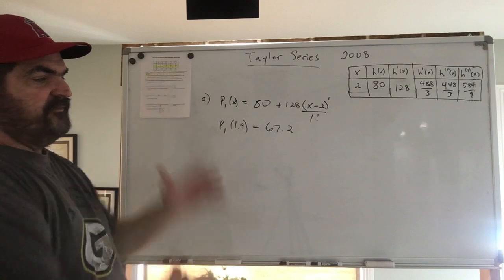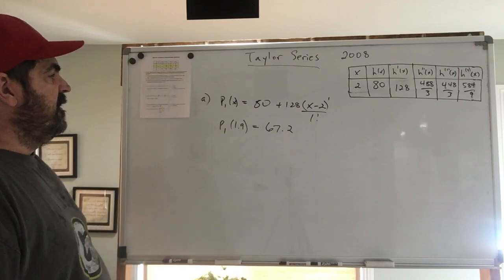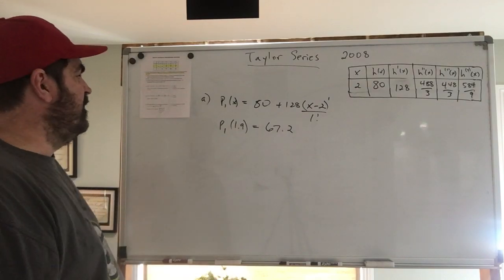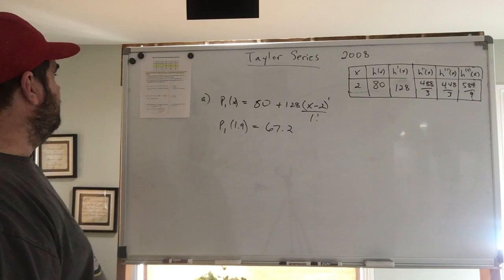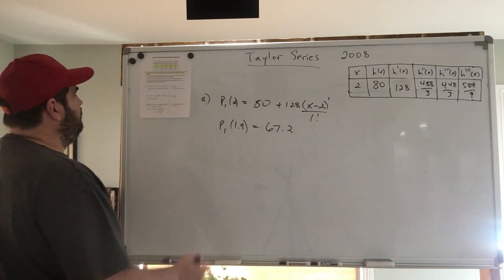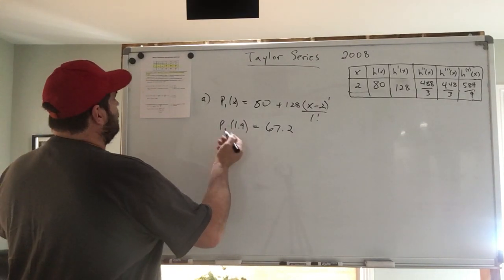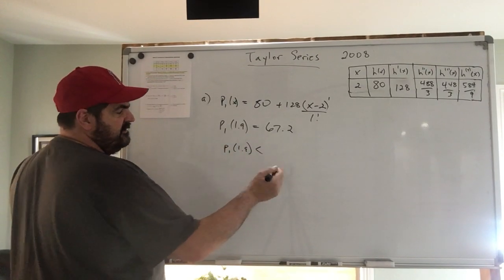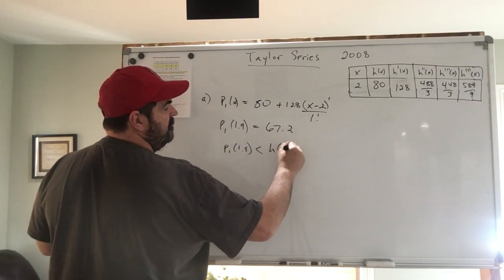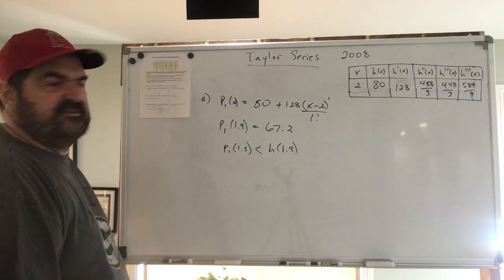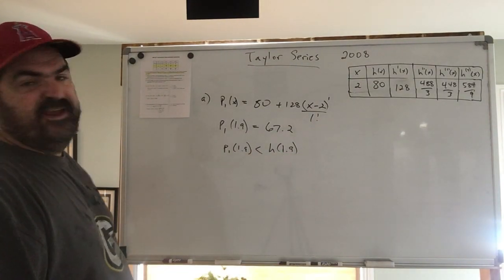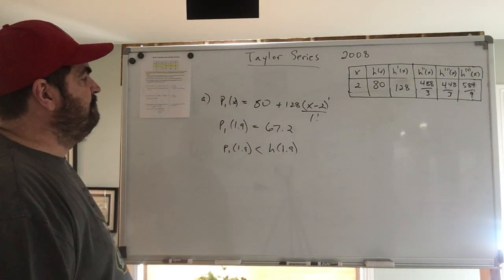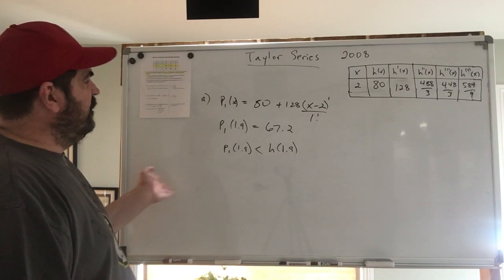So we're going to be coming from the bottom side with our approximations trying to get up to the value. So we're going to be less than. So our P1 of 1.9 is actually less than the actual value. And you can just say it's because h prime is increasing. Okay. All right. So that's the reason for A.